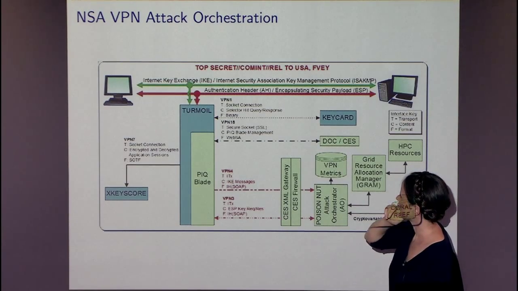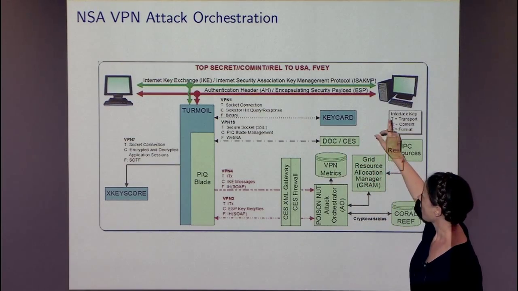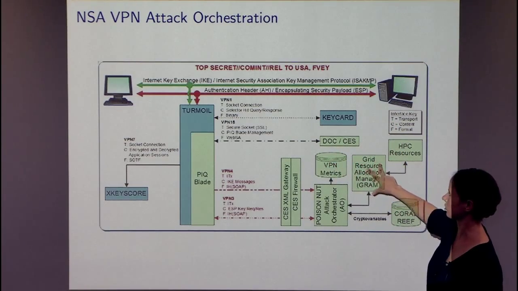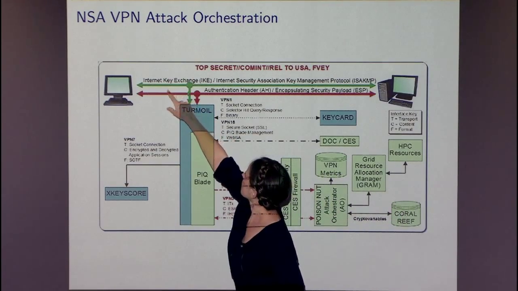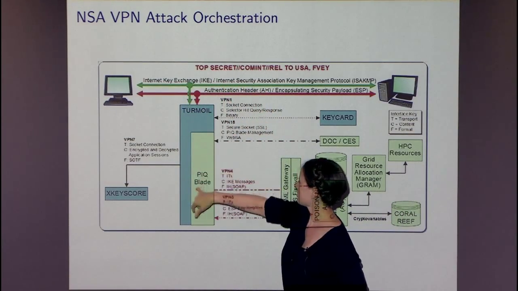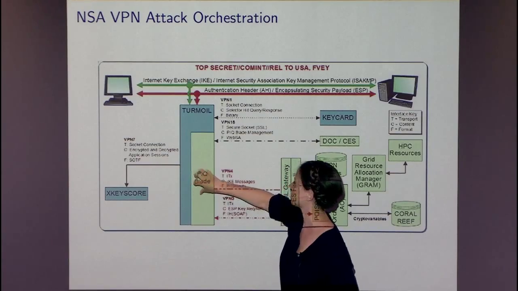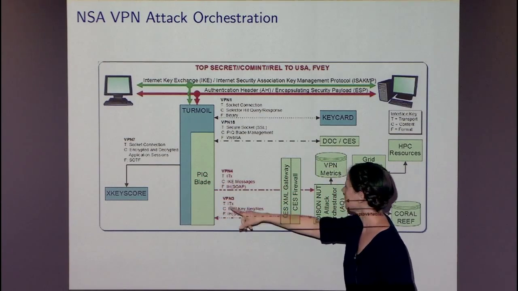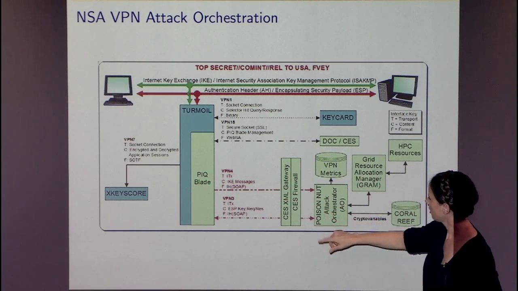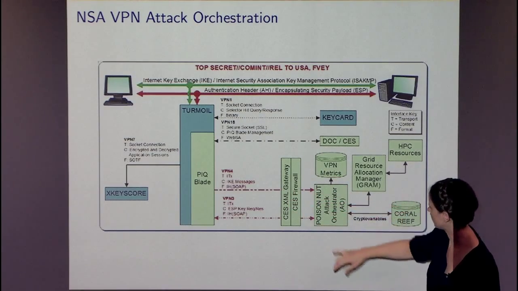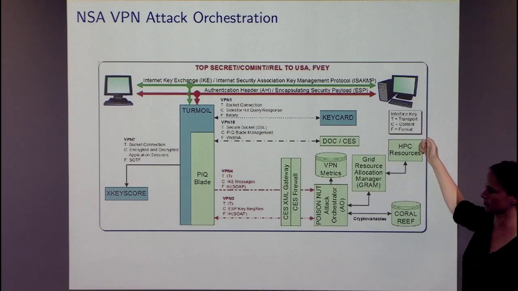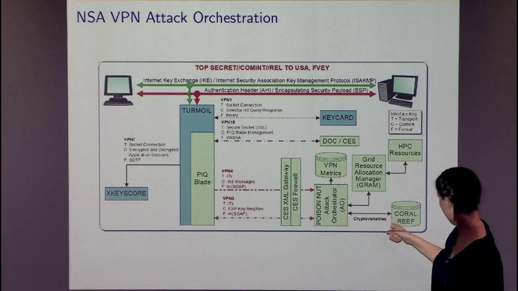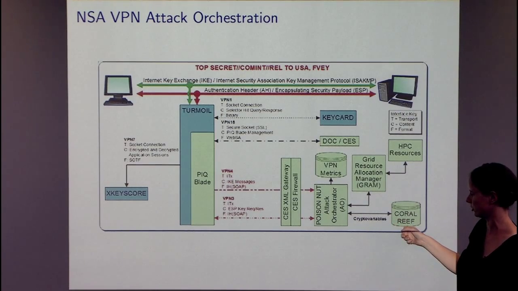So this is a picture of the cryptanalytic infrastructure that is used to decrypt the VPN traffic. They take the key exchange messages, they feed them into this specialized infrastructure that they have. They send the key exchange messages through a series of attack orchestrators, and then they eventually get to high-performance computing resources. And this is a database of known pre-shared keys.